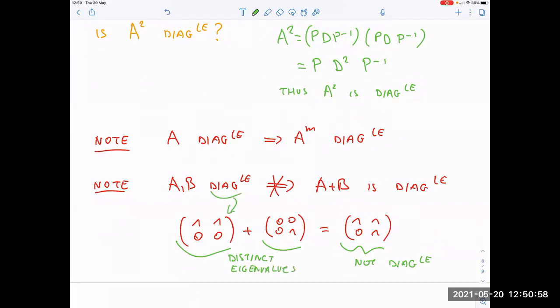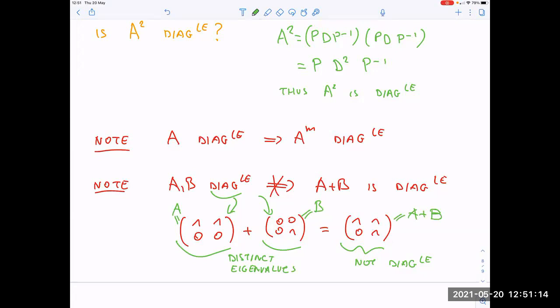So these two are A and B. They are diagonalizable, but the sum is not. What is true is that the powers of a diagonalizable matrix are diagonalizable.